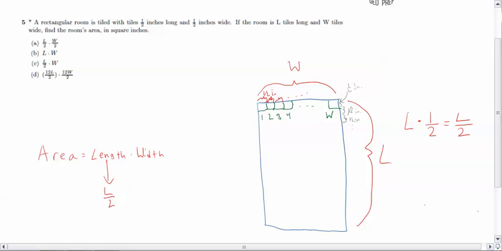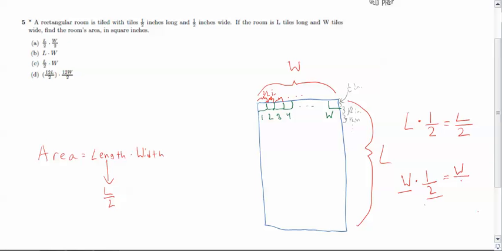So for all W tiles along the side of this room, we get half an inch of width each. So the width is W times 1/2, the number of tiles times the number of inches that each tile contributes, which gives us W over 2. And multiplying these together, we get A. So the answer is A.